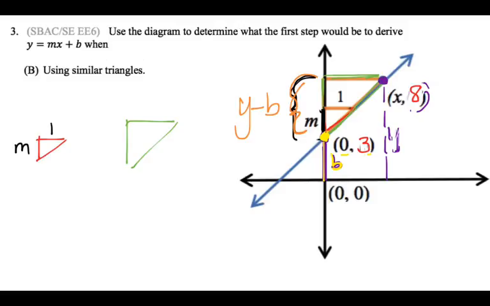I need to figure out this height. All right? So to figure out this height, if I'm up here at 8, and I'm right here at 3, what's my height? Well, it's 8 minus 3, which is 5. Okay, let's replace these back with what I had originally.